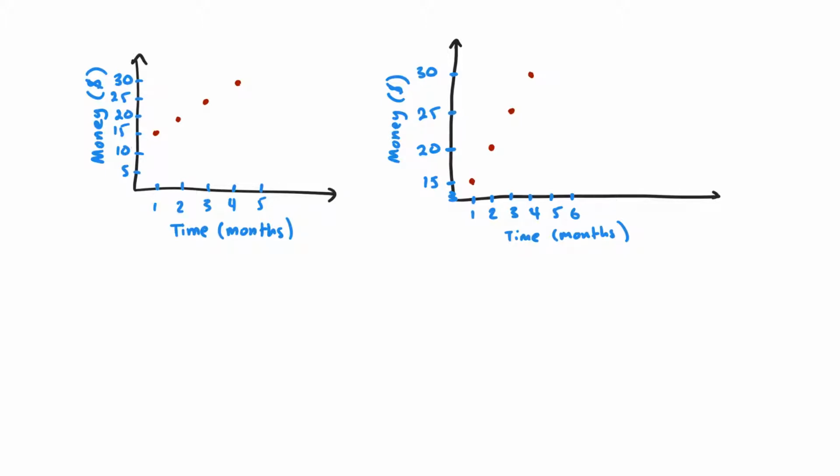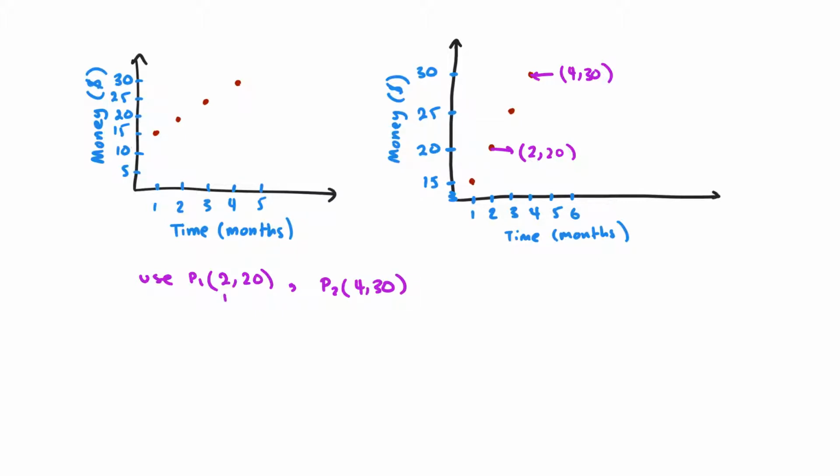Since I have the same points over here, I'm going to use 2 points to actually find the slope. So this point over here, for example, is point 2 (2, 20), and this point over here is point 4 (4, 30). If I were to find the slope, I'm going to use point 1 (2, 20) and point 2 (4, 30).